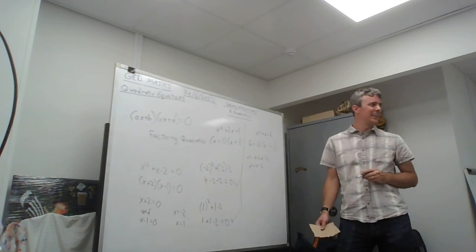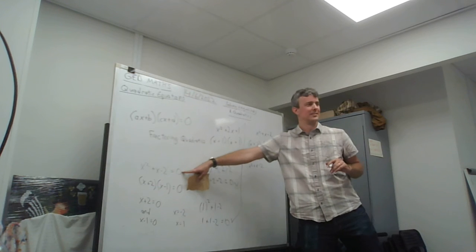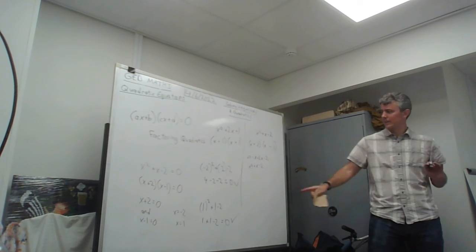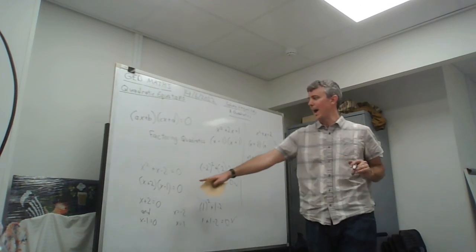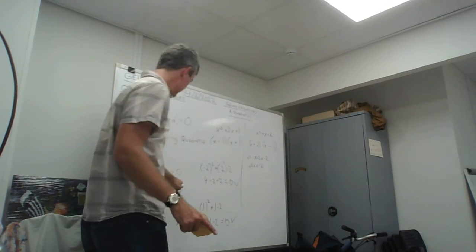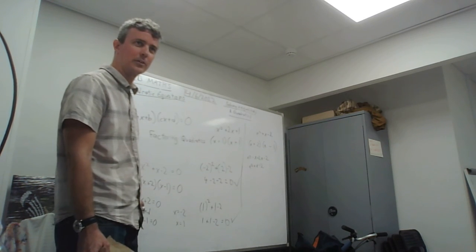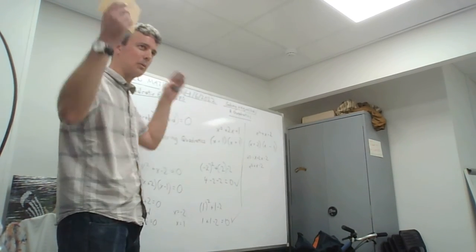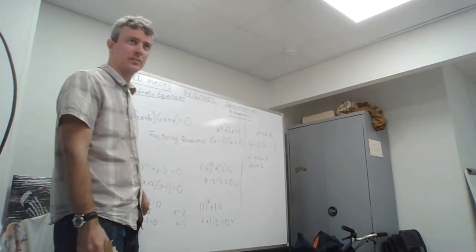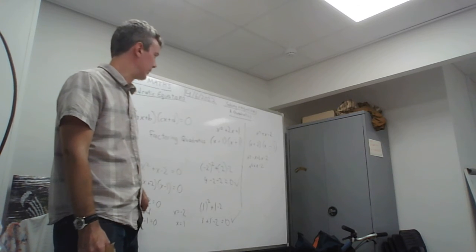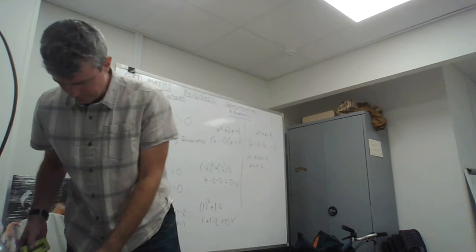Both of those answers are true for this equation. No other x's will work, but these two, minus 2 and 1, work. But you have to use your factoring in order to get to this stage. That's why we're factoring these quadratics. You might be thinking, why am I doing this? It's so you can solve more complex equations. Let me do some examples in the next 10 minutes.